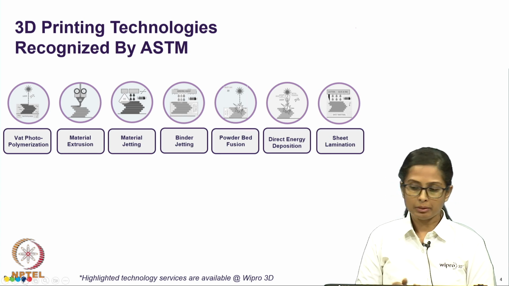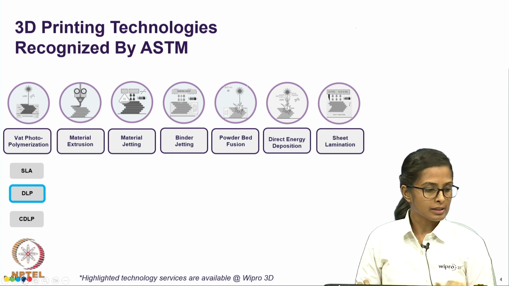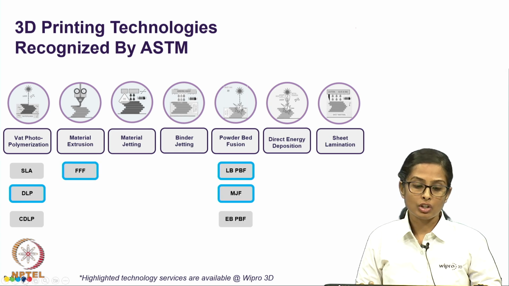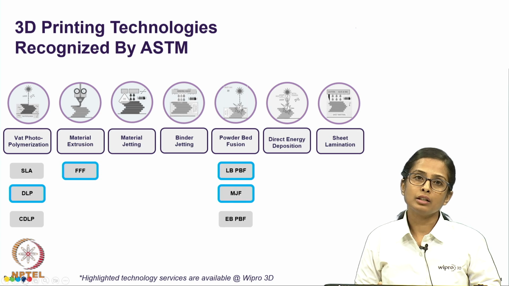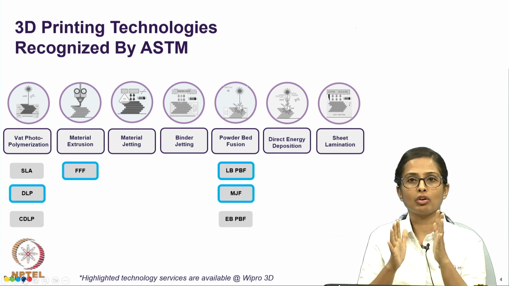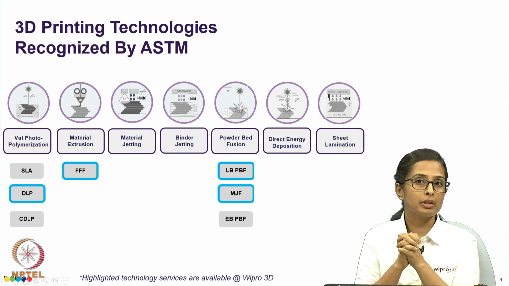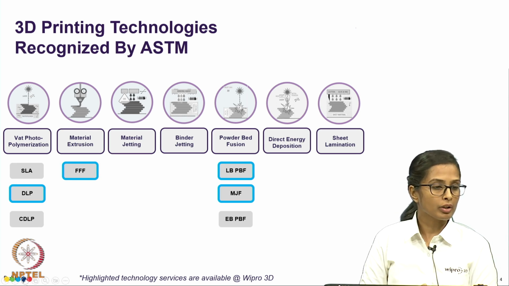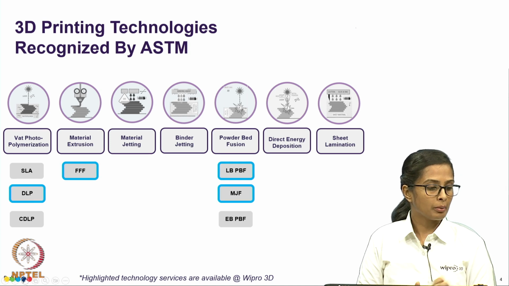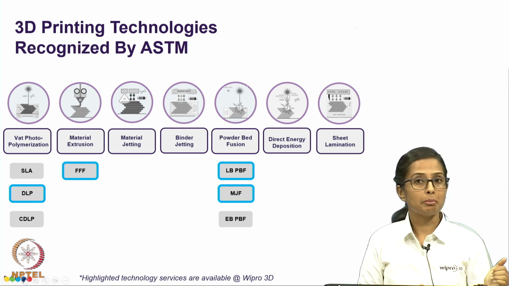Another important thing is that there are always a lot of variations which are possible in these technologies. It is also possible that 2 or 3 technologies are combined in a hybrid way. If you look at vat photopolymerization, for example, you have SLA, DLP, CDLP.